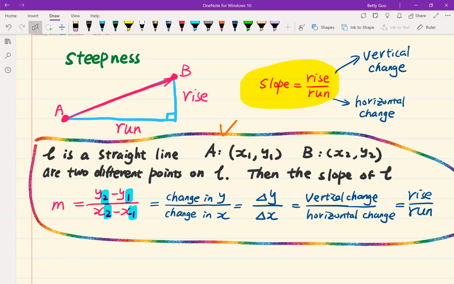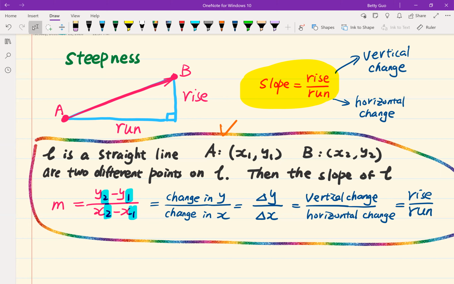The two coordinates for B are also given, x2 comma y2. That's point B. So suppose we know two different points on a straight line, we are able to compute the value of the slope of the line. And this is a pretty important formula.